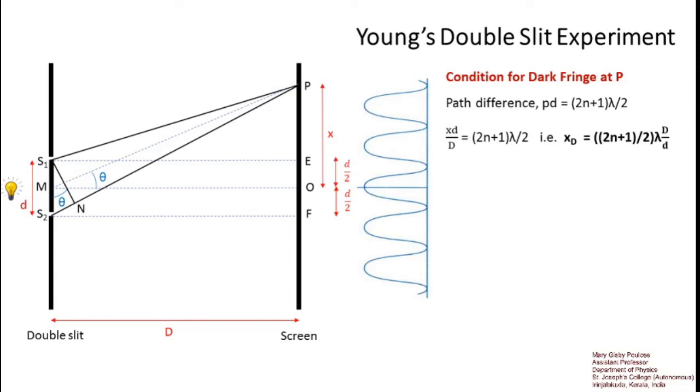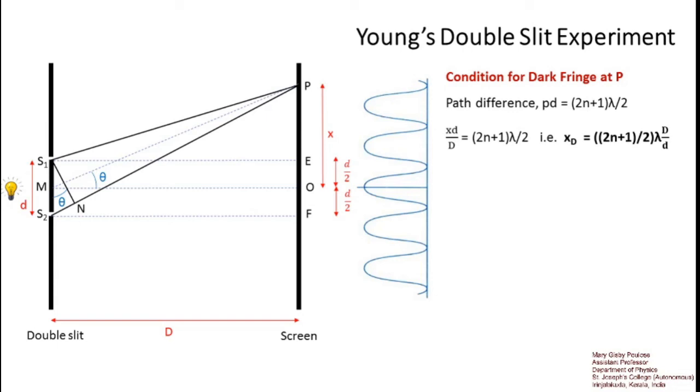That is, xd by D should be equal to 2n plus 1 times lambda by 2, and this gives x at a dark fringe, xd, equal to 2n plus 1 by 2 into lambda capital D divided by small d.